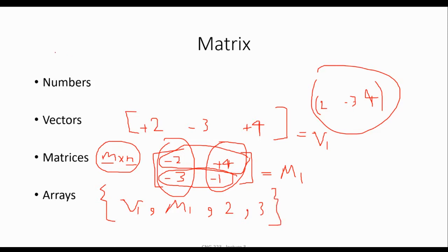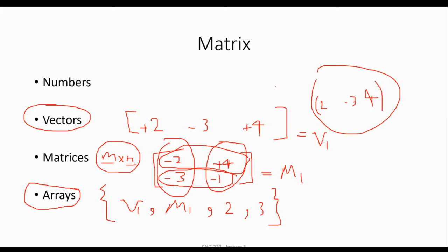So if I want to consider all of them together, what we can understand from this is that numbers are a subset of vectors, vectors are a subset of matrices, and matrices are a subset of arrays. What does it mean? It means that any vector you have, you can consider as a subset of an array.